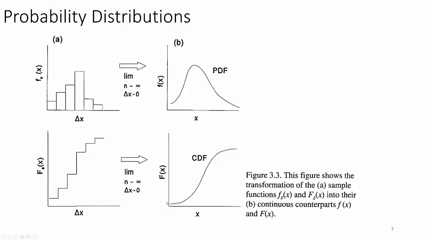The CDF is bounded on the y-axis from 0 to 1, 1 being 100%, 0 being 0% probability of an event. The PDF is bounded by whatever the upper proportion is. It could be 30% or 50%.